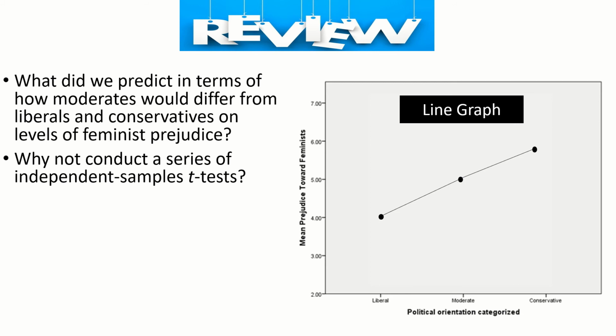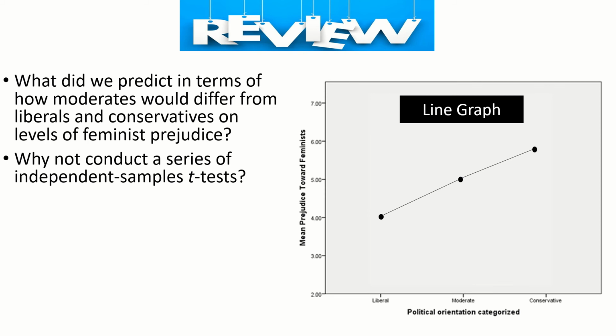We would need to conduct a series of three independent samples t-tests if we were to compare all these different groups. So why don't we conduct these three independent samples t-tests to compare all these groups?